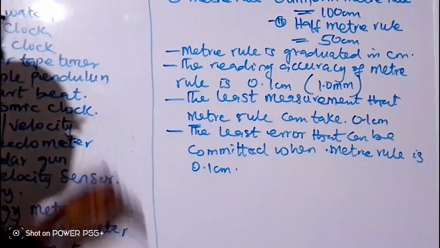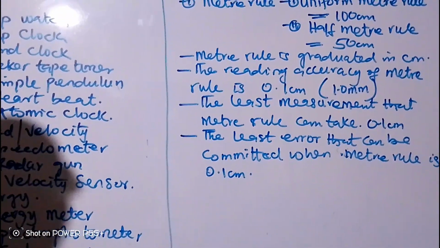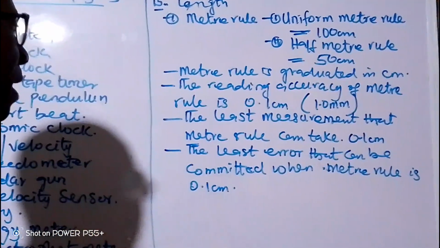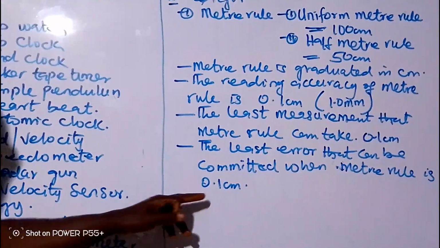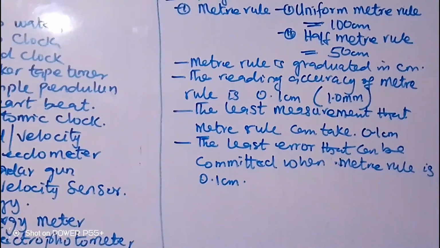So these are the possible terms which we use for reading accuracy, least measurement, and the least error that can be committed. The same value, 0.1 centimeter.